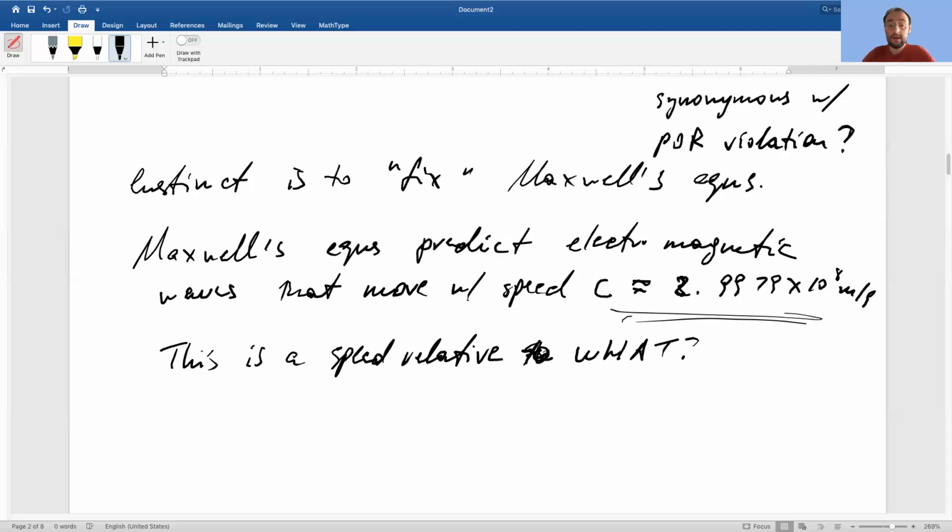So they assumed that this medium, which they called luminiferous ether, or just ether, permeated all space, was of negligible density, and had negligible interaction with matter. You don't feel it. And it existed solely as a vehicle for the propagation of electromagnetic waves.